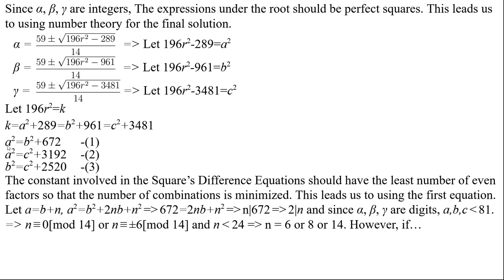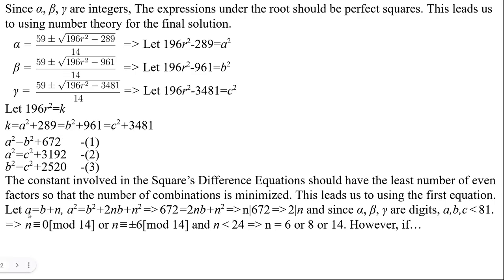So that means a square and b square have the same remainder when divided by 14. So that means they can either be 0, and both, by the way, a is congruent to plus or minus 3 mod 14 because that's how you can make it divisible by 14, this part. And that applies to basically everything.